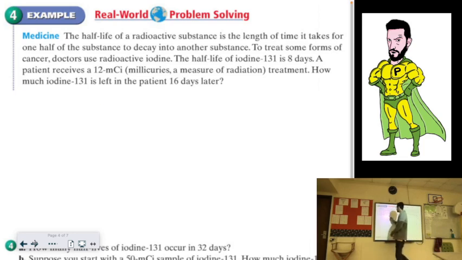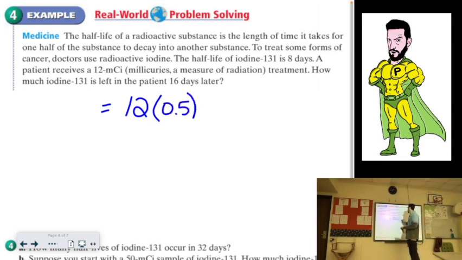All right, so the starting amount, we're putting in 12 millicuries. Now, if we're talking a half-life, if we're starting at 100%, we're chopping that in half every half-life. That's 50%, right? 50% in decimal form would just be 0.5. And then it's the number of half-lives. It says it gets cut in half every 8 days.